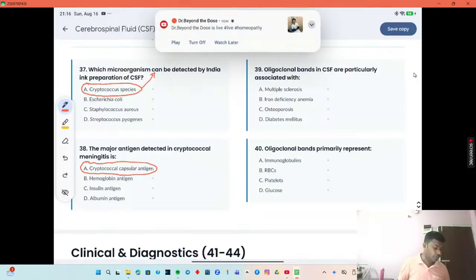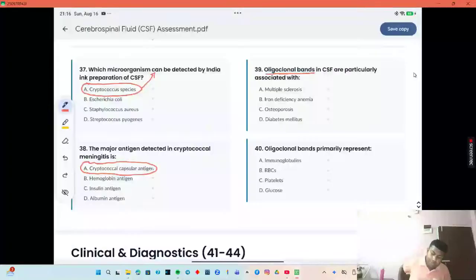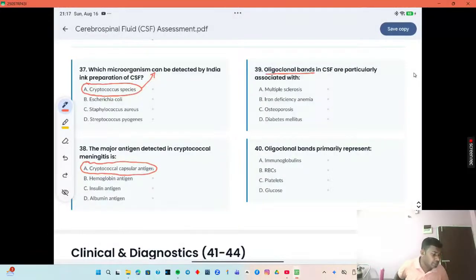First, we have to know the meaning of oligoclonal bands. Oligoclonal bands are protein markers.